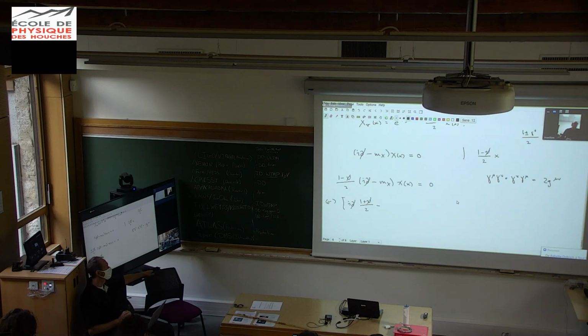There's a 1 over 2 and there's a 2 from this relation, so we get minus i v dot d. And then this mass piece is just a scalar, so we can just move it past. So m chi times 1 minus v slash over 2, again acting on chi of x equals 0.